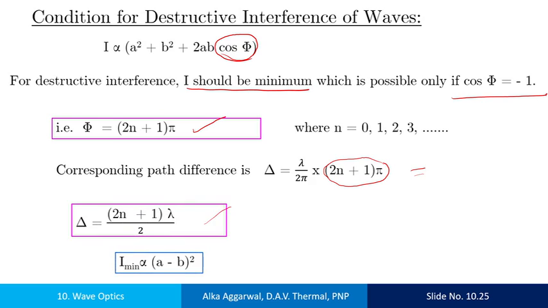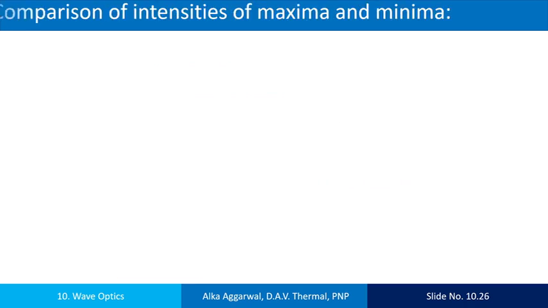As intensity of the light is directly proportional to the square of the amplitude, when we put here -1, it becomes a square plus b square minus 2ab, which is equal to a minus b whole square. So the intensity of the light is proportional to a minus b whole square.